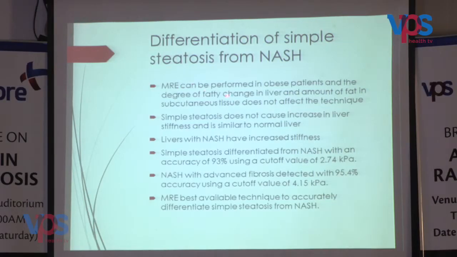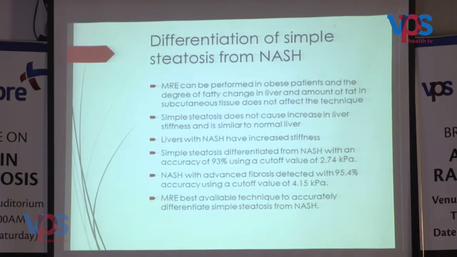Differentiation of simple steatosis from NASH, this is a very important slide. It's a very important, rapidly increasing clinical application of MR elastography. MR elastography can differentiate simple steatosis from steatohepatitis. Simple steatosis is differentiated from NASH with an accuracy of 93%, and NASH with advanced fibrosis is detected with an accuracy of 95.4%.